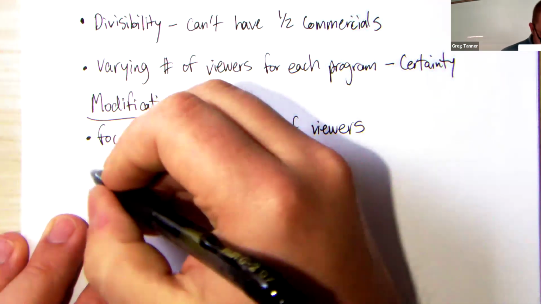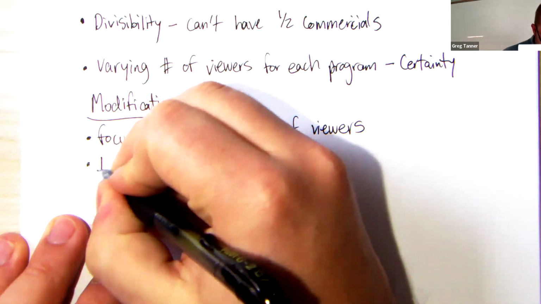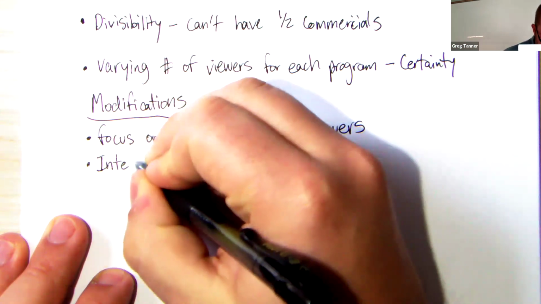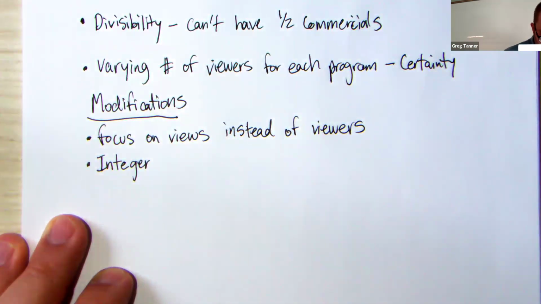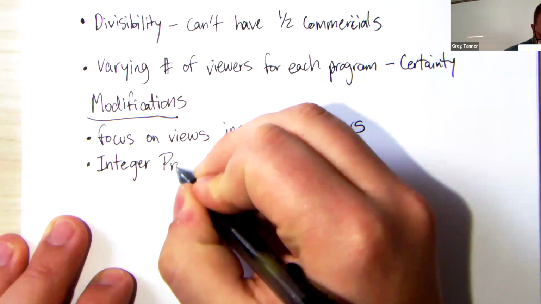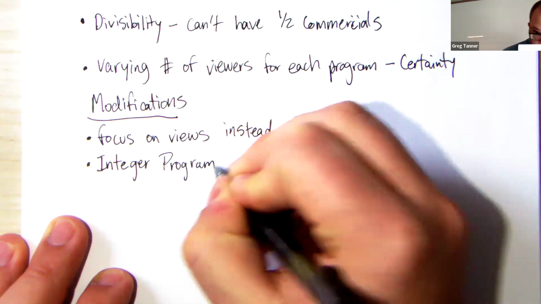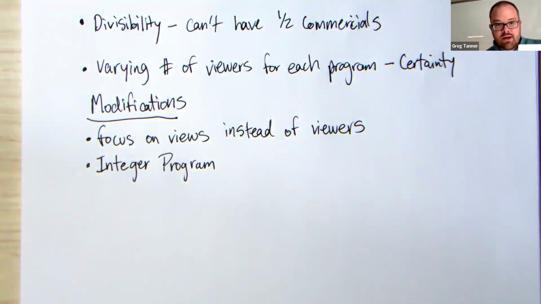Okay. We'd probably also switch this from a linear continuous program to an integer program where we would force the solutions to be integers so that we are dealing with a whole number of commercials.